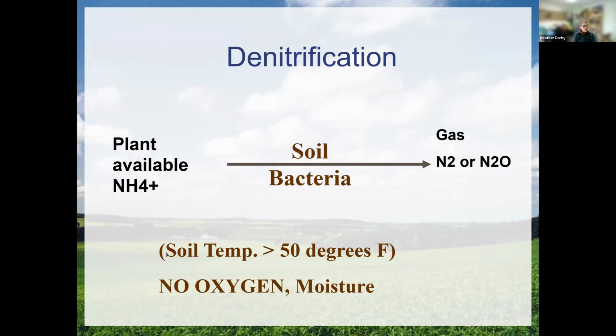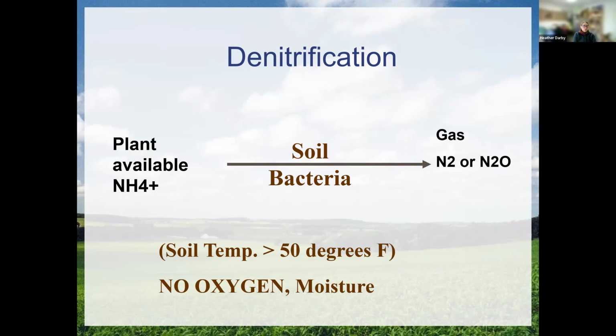So we see a lot of denitrification occur in soils when they are saturated with water. So in wet springs, right? So you can always have some level of soil saturation. You have these like little microsites, but we will see significant loss to this pathway in years where we have very saturated soils, especially when it's warm, and there's nitrogen sources that are plentiful.